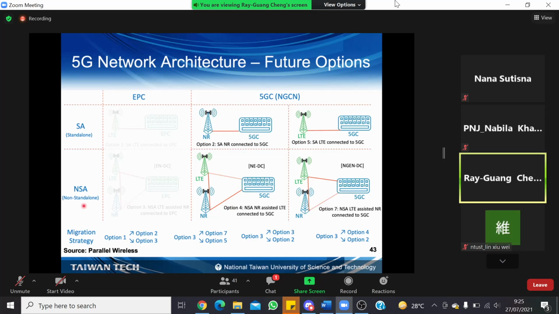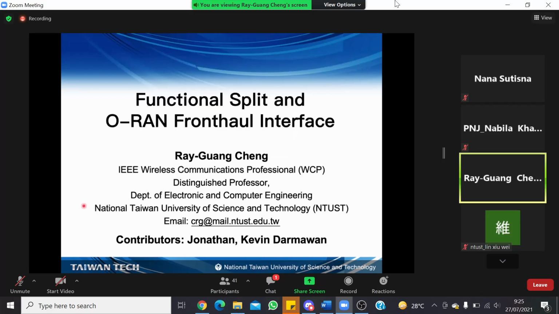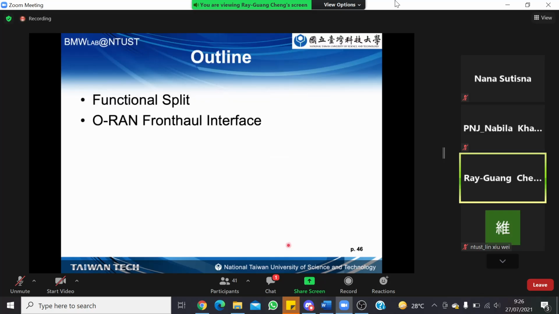So here is the part where we summarize the 5G standard from the radio part, from the network part. Now we will move to functional split and the ORAN Fronthaul interface. Contributors are Jonathan and Kevin. Kevin is a student from OFI who takes the TEP intern.